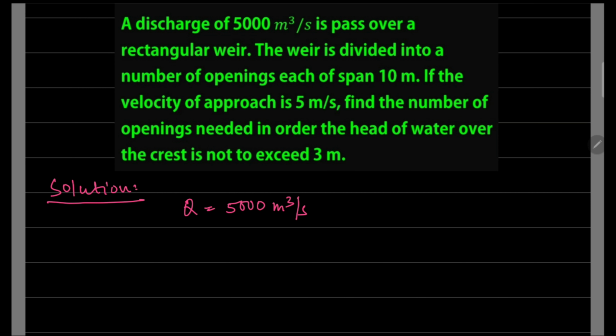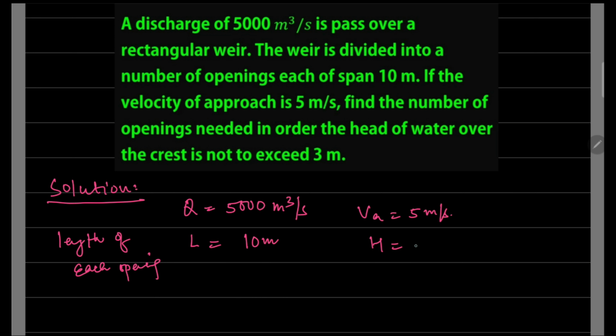The length of each opening, L, is 10 meter, and the VA value is given to us, that is 5 meter per second, and the head over the weir that is required is 3 meter, so that should not exceed 3 meter.